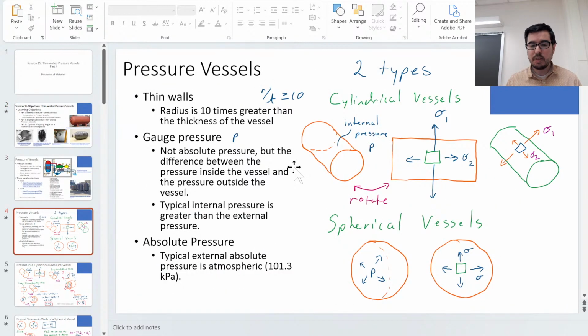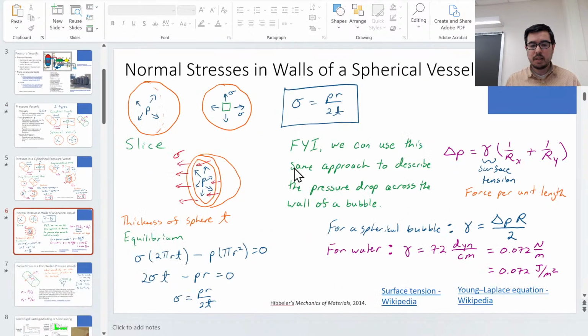We're talking about these types of pressure vessels. And this is the equation that you want to keep in mind. If you're going through the video, you'll see that you have a sigma in this direction and then a sigma 90 degrees relative to it, and they're going to have a value of PR over 2T. And then we go through the derivation here.